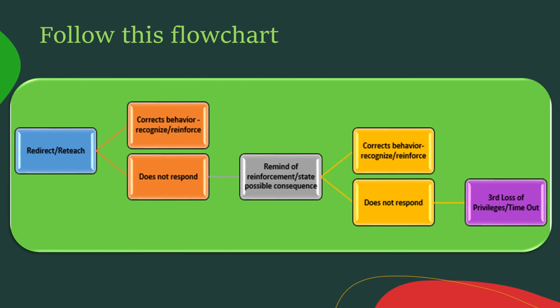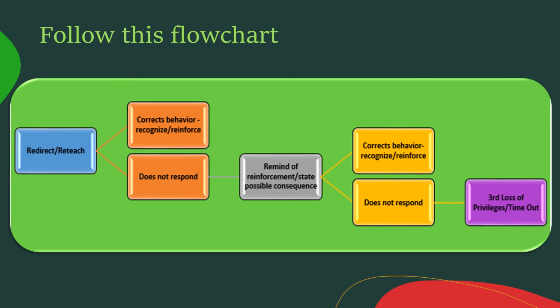If when I say this, they correct the behavior, then great, we move on and we acknowledge that and reinforce it. If they don't, then I'm prepared to take action and have either the loss of time, the loss of the privilege that they were trying to get, or a timeout because they did not correct the behavior. So it's simple but yet challenging to do.